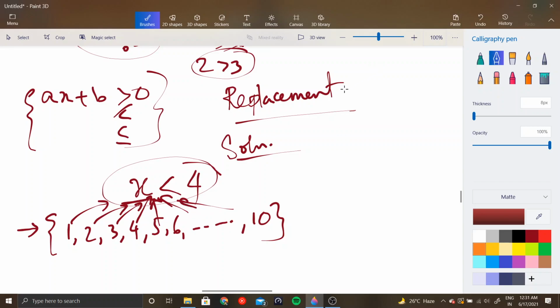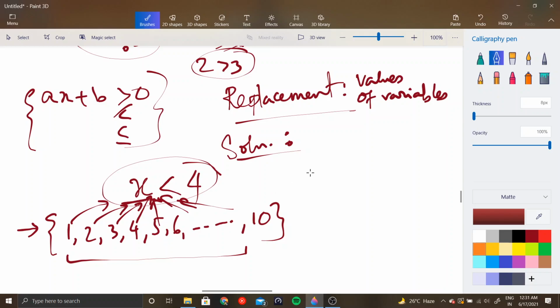So a replacement set is basically the set from which the values of variables are chosen. Now, what's a solution set? A solution set is basically a subset of this replacement set where the values actually satisfy the inequation. So here in the replacement set we are just choosing values.